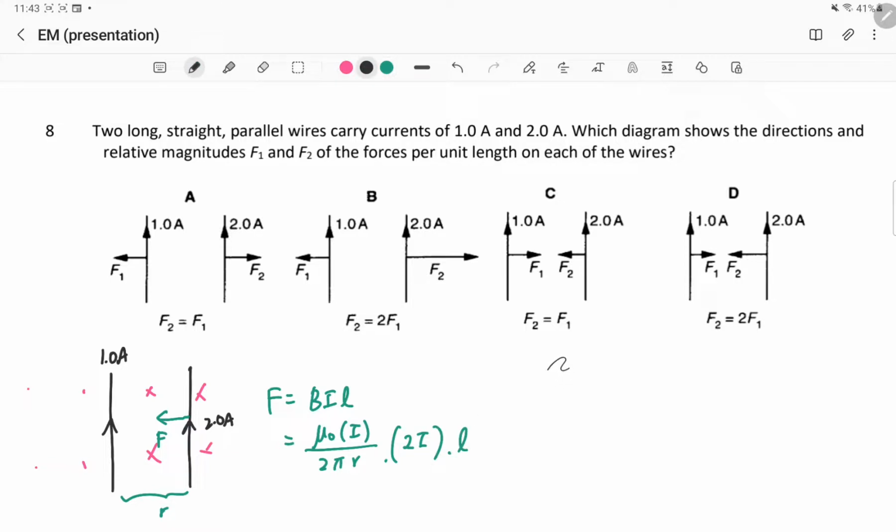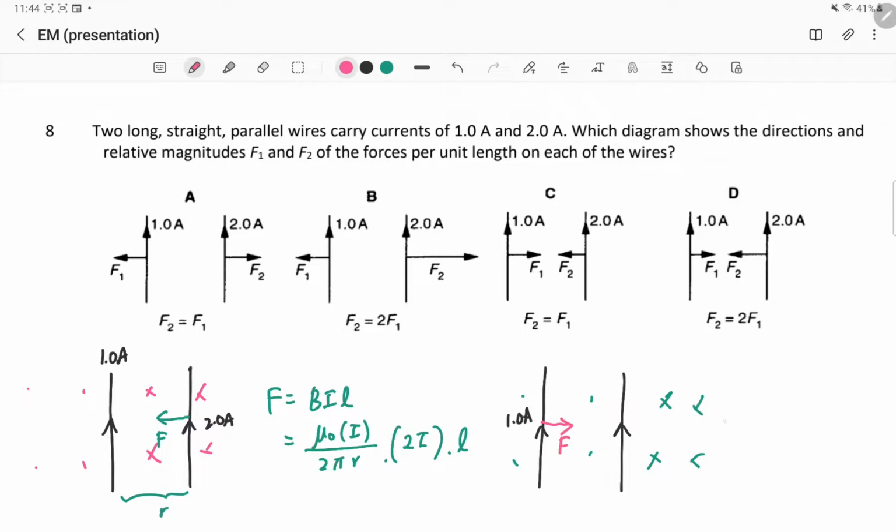If you consider it the other way, the B field due to the 2 ampere on the right hand side, it will be cross on the right hand side and dot on the left hand side. This B field exerts a force on the 1 ampere. Using your left hand rule, you know this force is to the left.